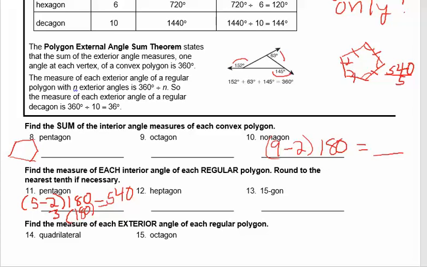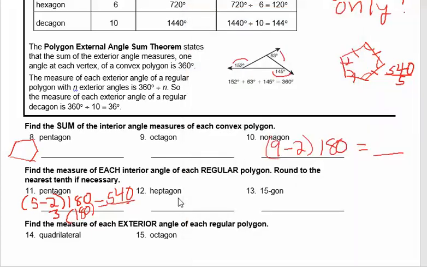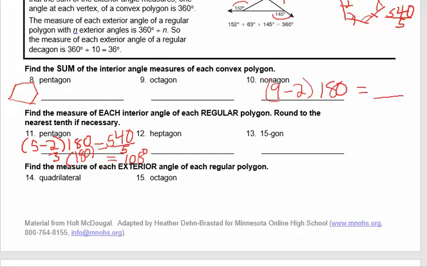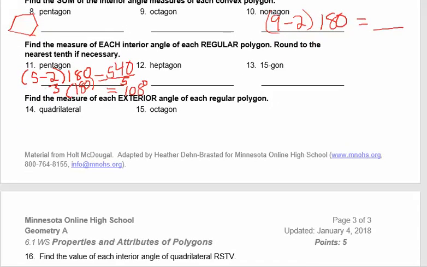So 540 divided by 5 is 108. So I divided this by 5, and I got 108 degrees for each angle. So that's how you'll do those problems. Find the sum first, then divide by how many angles it has, which is equal to how many sides it has, in order to find the measure of one angle. And remember, this only works for a regular polygon.